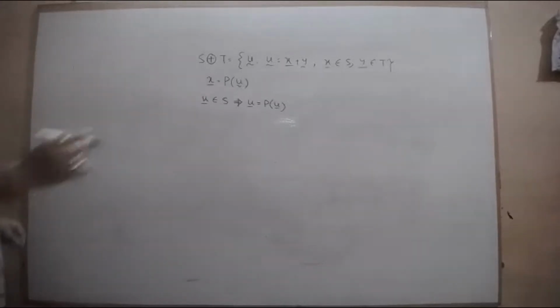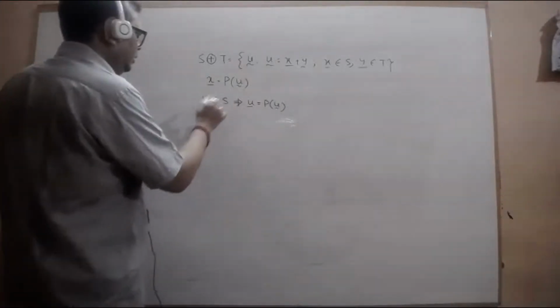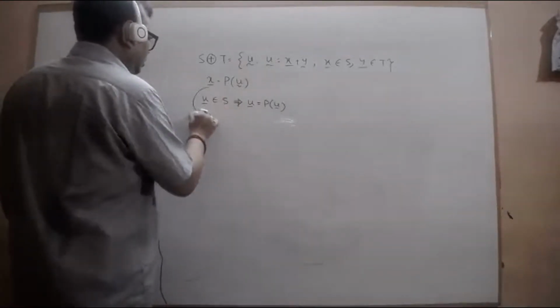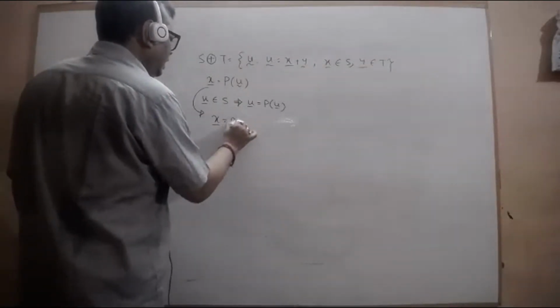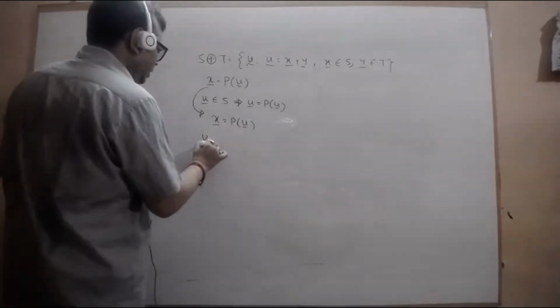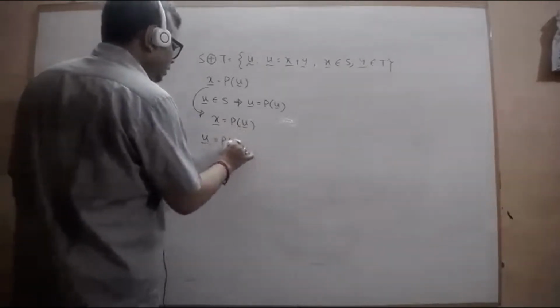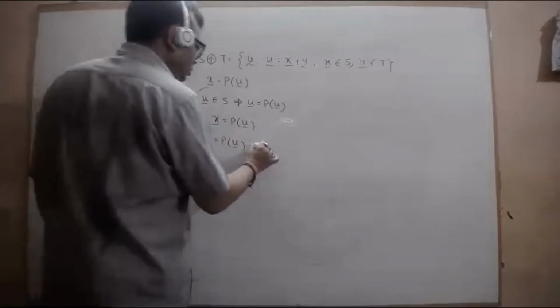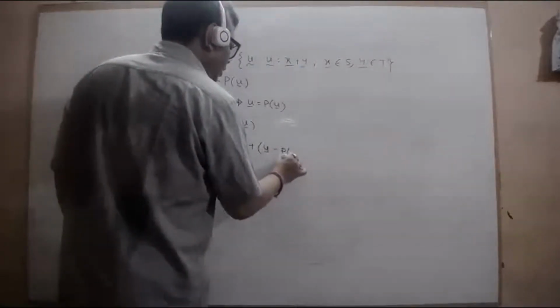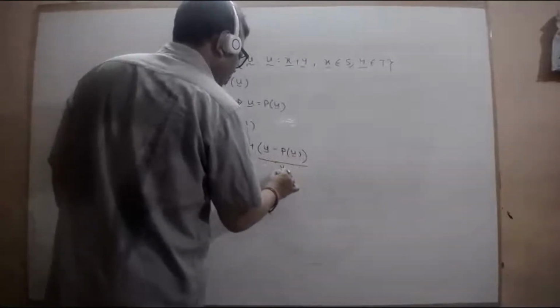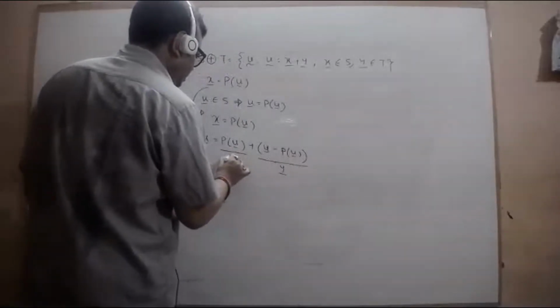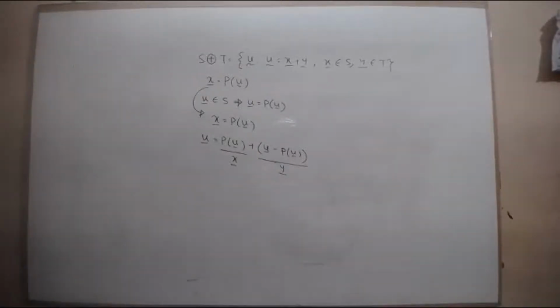So why did this happen? See that if you take x equal to Pu, then u equals Pu plus y, and y should be u minus Pu. This is your y. This is your x. Clear?